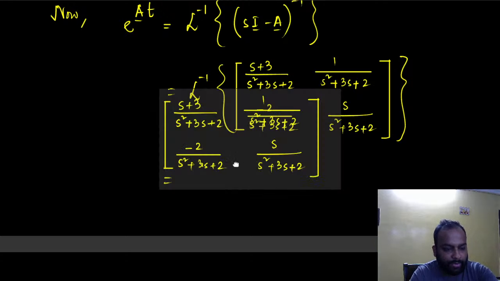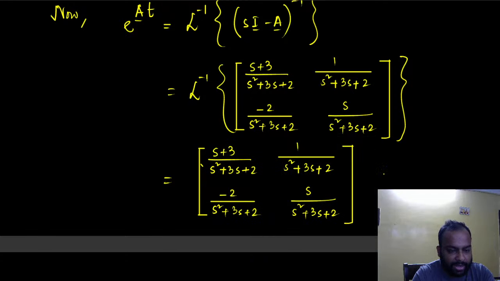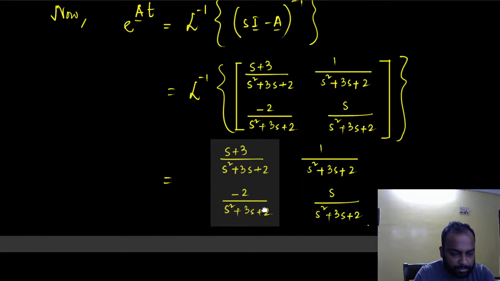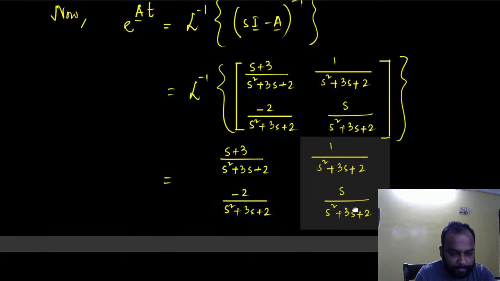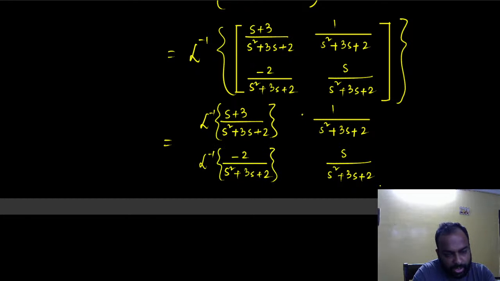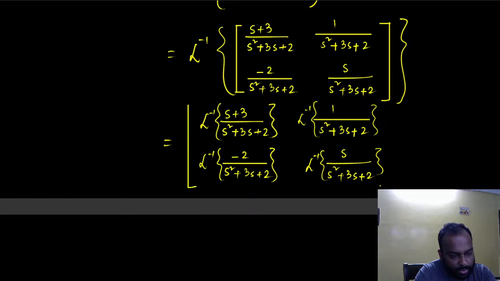So in that way, we can very easily say that, let's just clear this up. This is just as simple as the inverse Laplace transform of this quantity, this quantity, this quantity, this quantity, and then that whole thing.